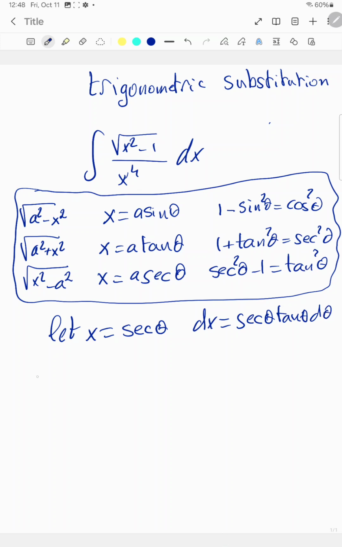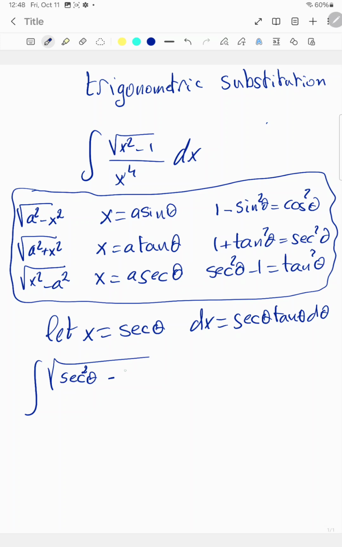So my integral becomes the square root of, instead of x, I will put sec of theta, but I have x squared, so sec squared minus 1, divided by sec to the power of 4 theta, and instead of dx, I can put sec theta tan theta d theta.